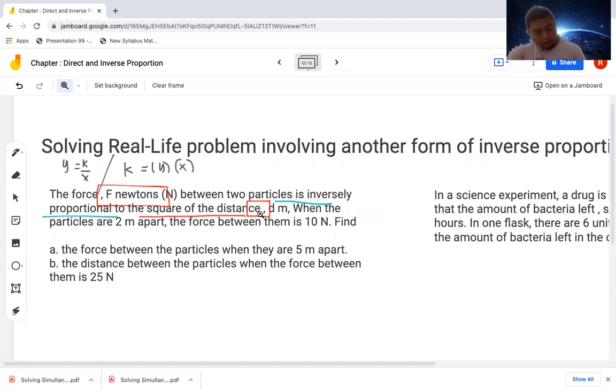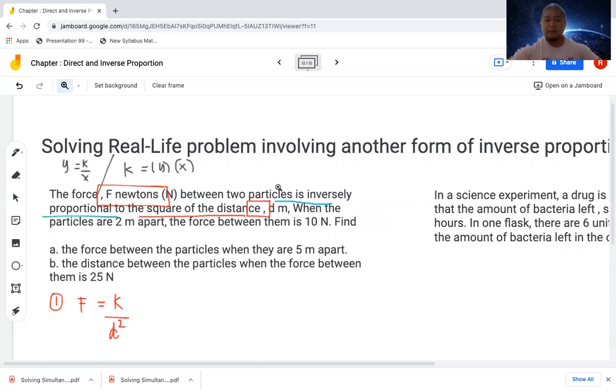So if you are going to analyze this, this is now going to give you this particular equation. F is inversely proportional to the square of the distance. So you have distance squared.